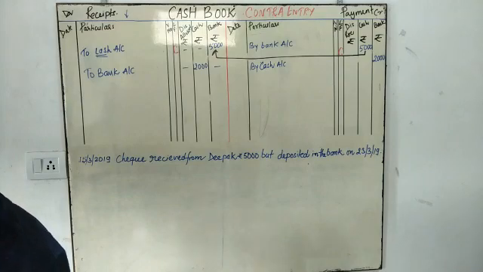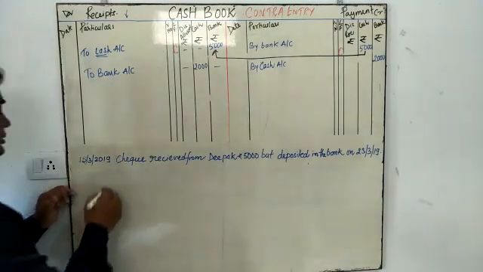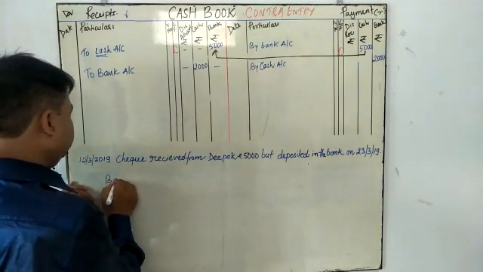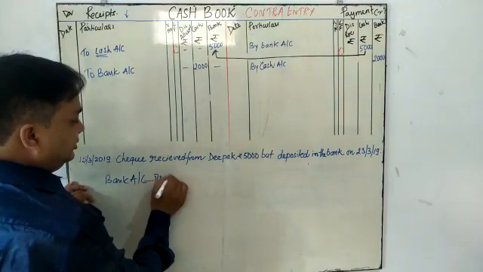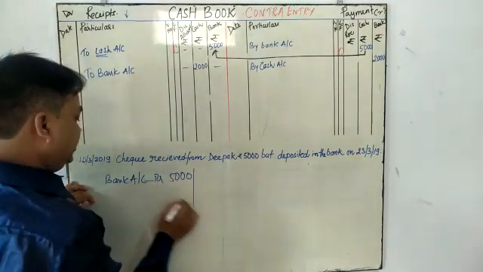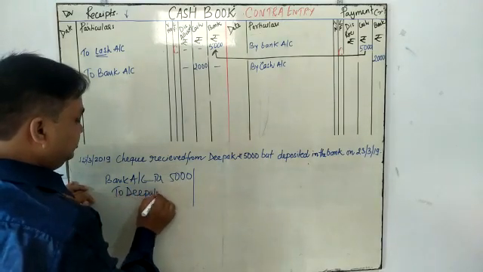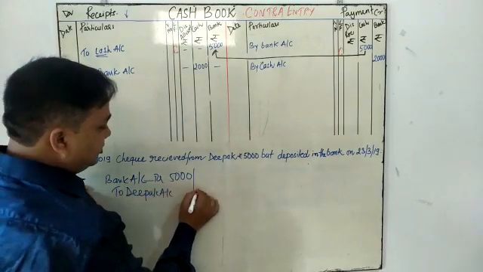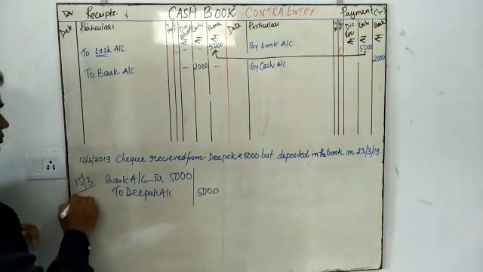Deepak is going to give a check, on which date? So you write bank account debited, rupees 5000 to Deepak, account 5000. On which date? 15th March.